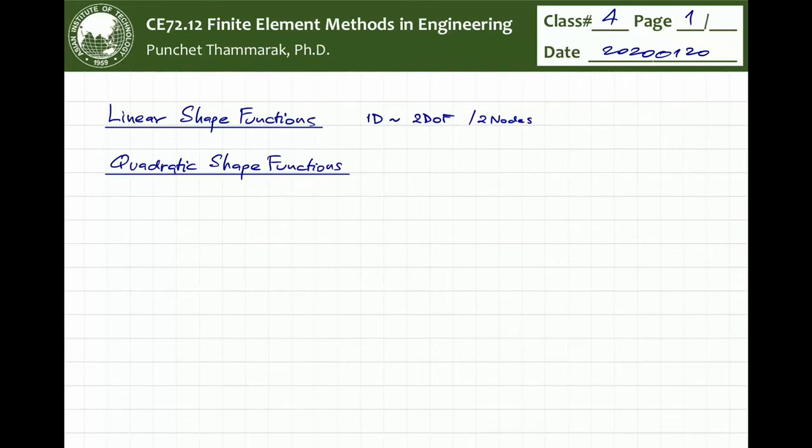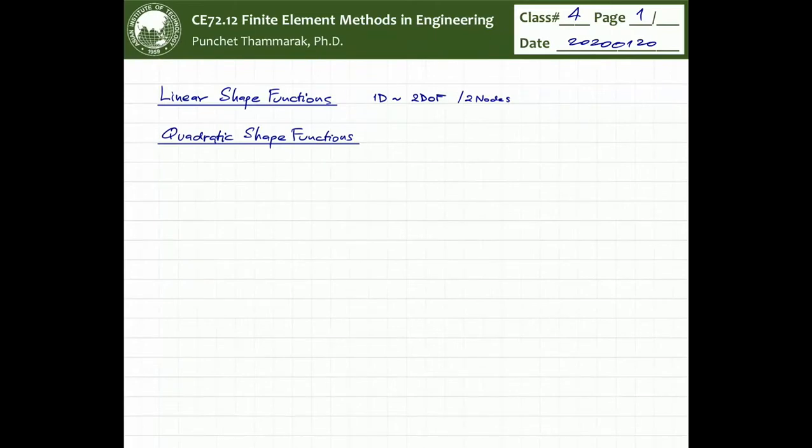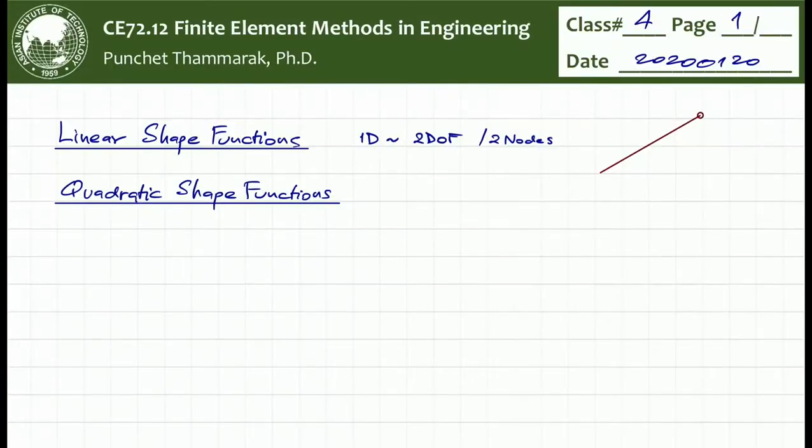Okay, so if we go to the quadratic, think of linear interpolation first: in order to define the straight line, you need just 2 points, 2 nodal points or 2 degrees of freedom.